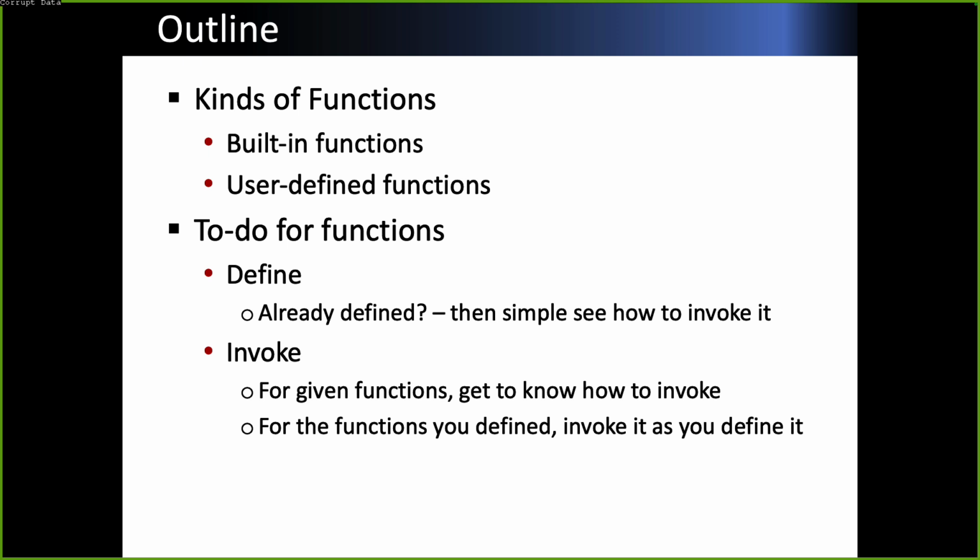So you have to read how it is defined and in what way that function can be invoked, right? So when you define a function, then we have to also consider that. Are you going to receive anything from that invocation? Are you going to return back to the caller? Those things need to be considered.